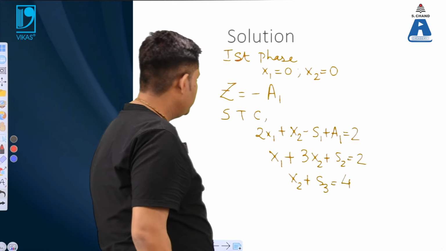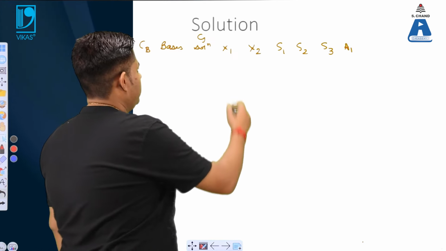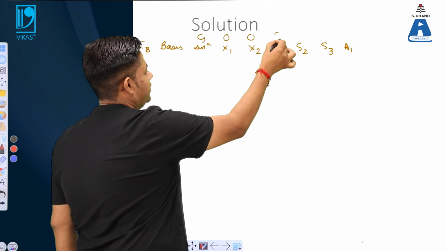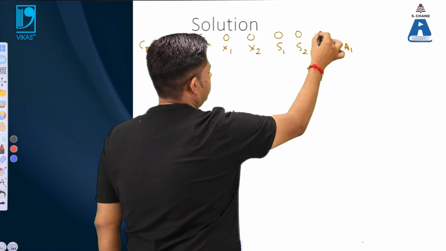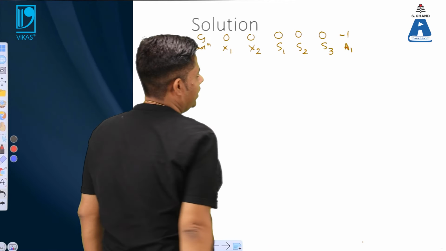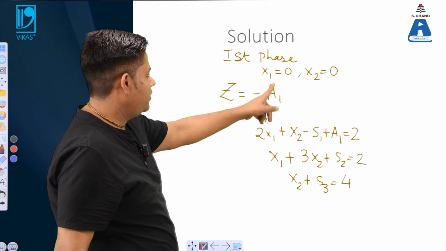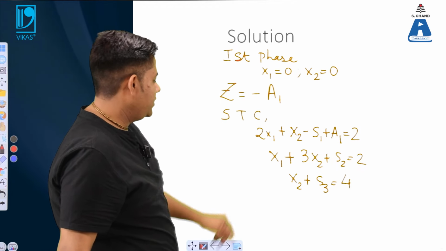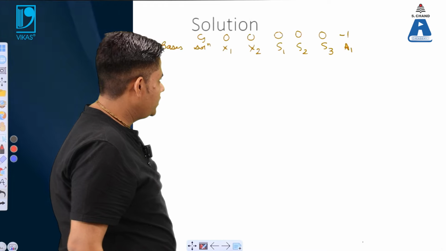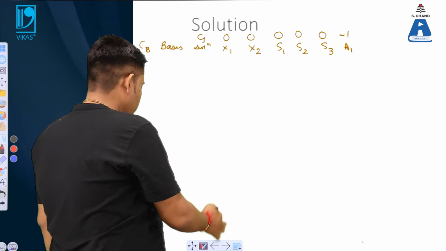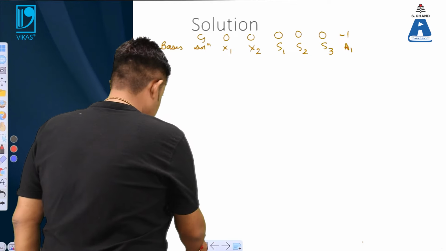Now I have to write the coefficient of the objective function, which is generally taken as 0 in the first phase, and here I have taken -1 because in the first phase I have chosen this z as -a1. So in terms of the objective function Cj, I have to write -1. Now the bases are there.